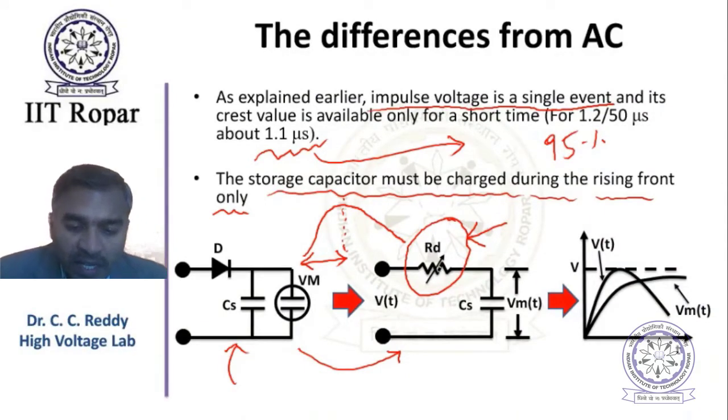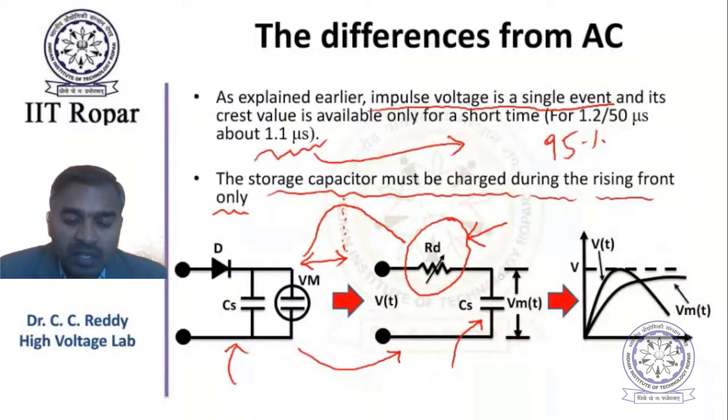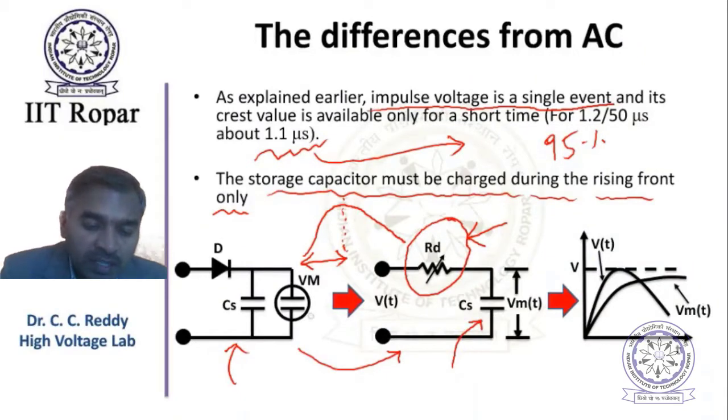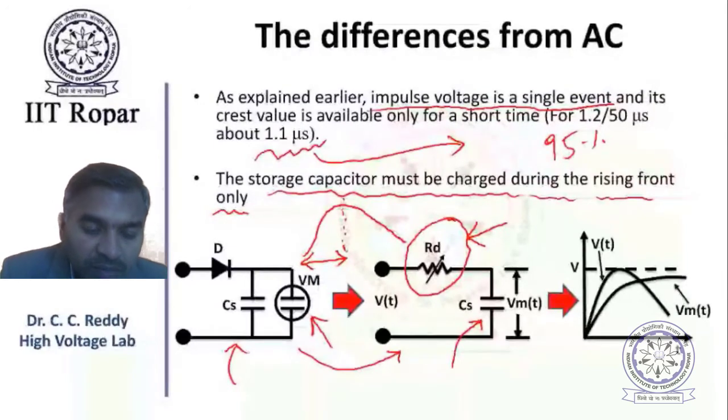So this RD is the diode forward resistance, and then CS is the storage capacitance. That is the capacitor which we need to charge, and if the voltage magnitude is adequate, then an electrostatic voltmeter can be used. Otherwise, we have to use digital techniques that we will discuss soon.